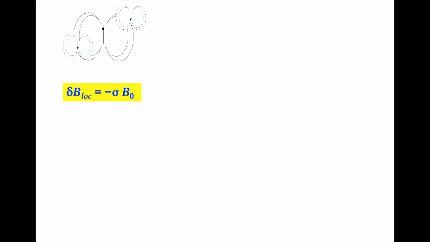Having understood what a secondary magnetic field is, let us try to understand its mathematical description, and how this secondary magnetic field contributes to the Larmor frequency. The secondary magnetic field is very small, and is directly proportional to the applied field strength.